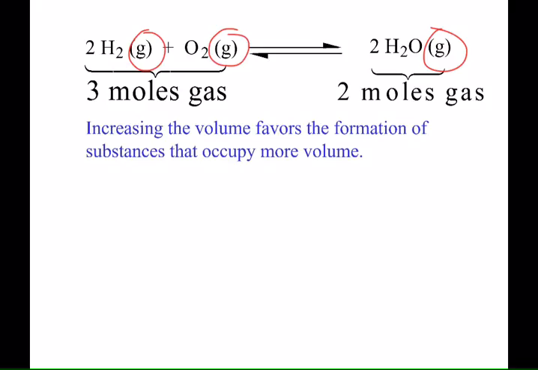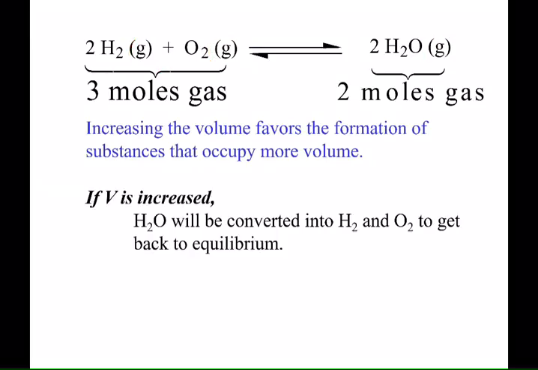Solids and liquids do not appear. So those appear. So the 3 moles of gas wins out, okay? And I like this trend, the slide I told you to put a star on, because more volume favors more moles. What if I shrink the volume, what side will be favored then? The side that has less moles. So it's kind of nice, okay?